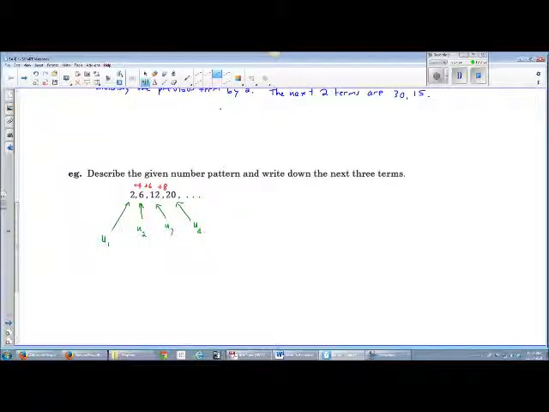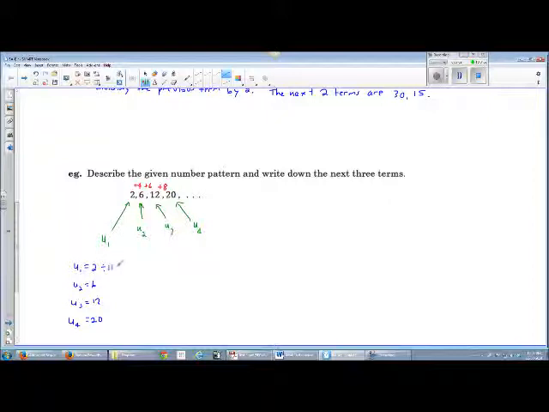So let's just write this down. Term 1 is 2. Term 2, I know we got it right above there, but I'm just going to write this down here. Term 3 is 12. And term 4 is 20. Now, if I were to divide the term by the term number, obviously that's 2.